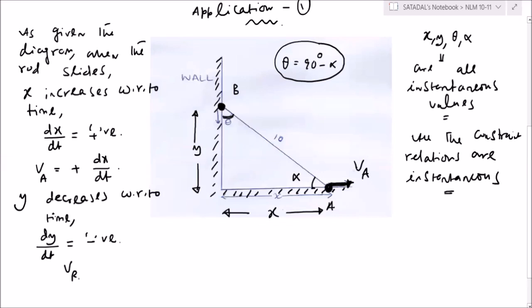So vb must be equal to minus of dy dt. That is vb. In this direction, we are taking vb. Any doubt? Anyone having any doubt till now, whatever I have discussed? Clear? All right, fine.